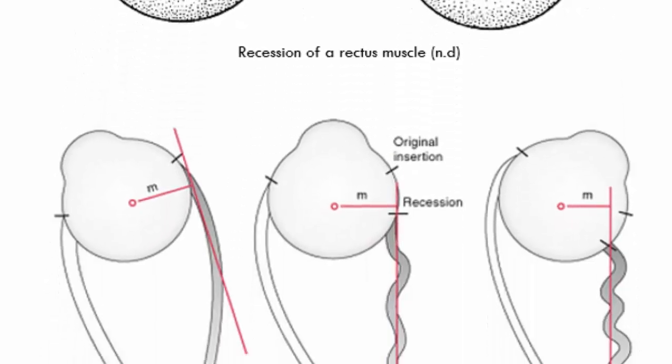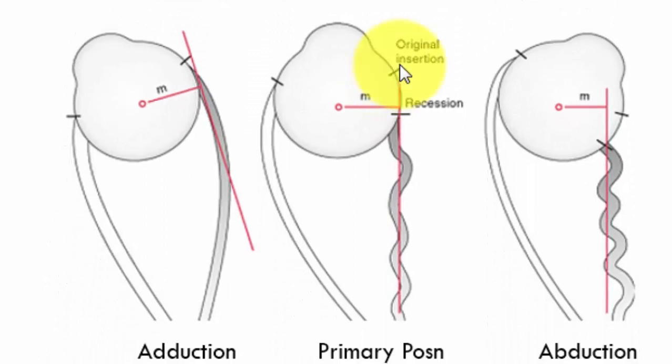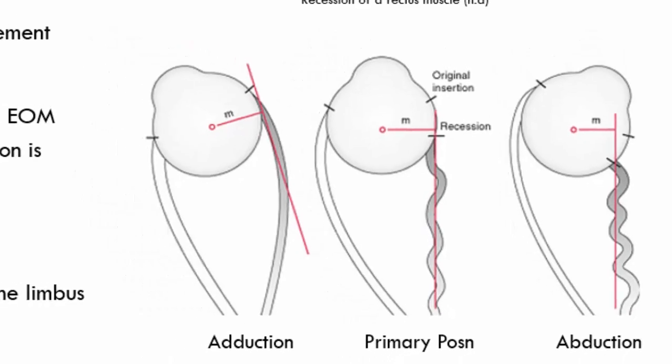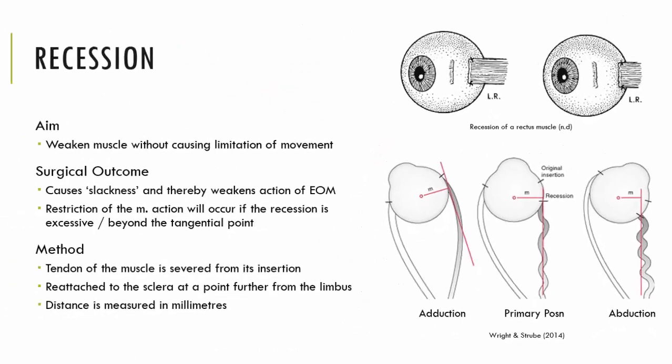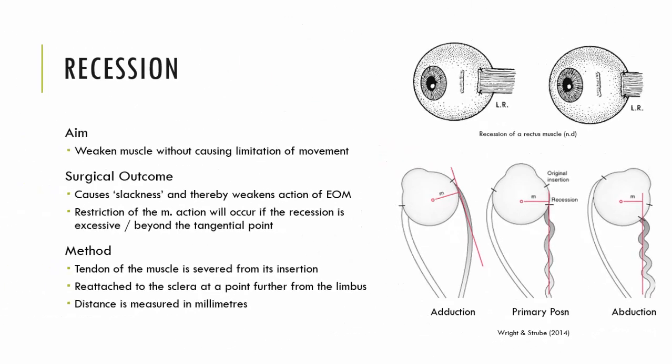Now if we have a look at the image below, here is the original insertion of the lateral rectus, and by moving the extraocular muscle back, we slacken the lateral rectus. And so we weaken its action, and through this, we create a change in the rotation of the eye. Now, if we recess a lateral rectus specifically, what is the impact on the strabismus? The easiest way to imagine this is to think about the opposing forces of the medial rectus and the lateral rectus.